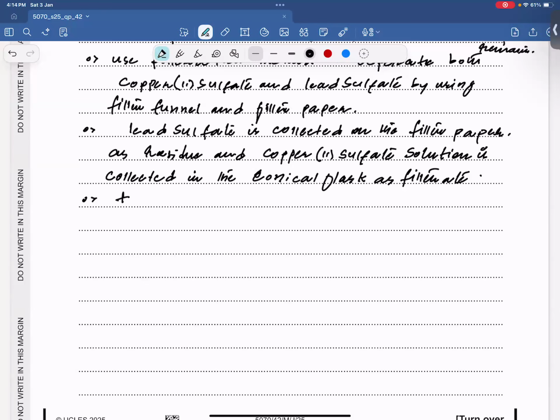Transfer the filtrate in an evaporating dish or evaporating basin.